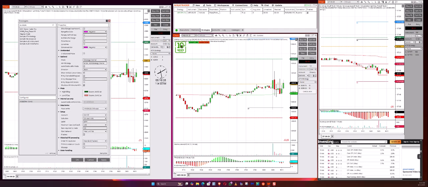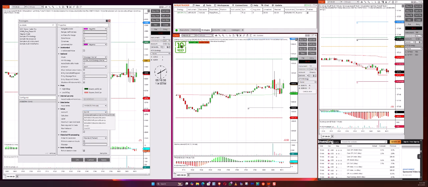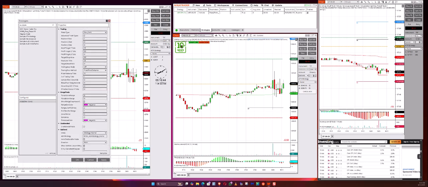You always have to choose the account you're trading on, and it's a good idea to label it. Why do we label it? And I'll explain why we label every setup. So reverse continue, position 1, just trading one position. So I don't need two positions. I'll make my first target 30.